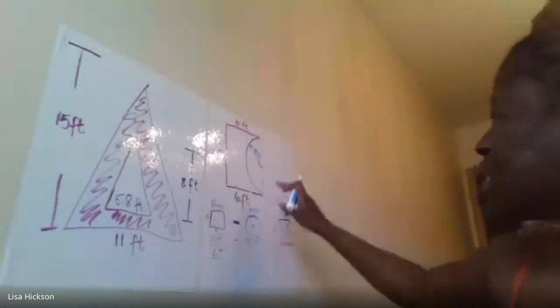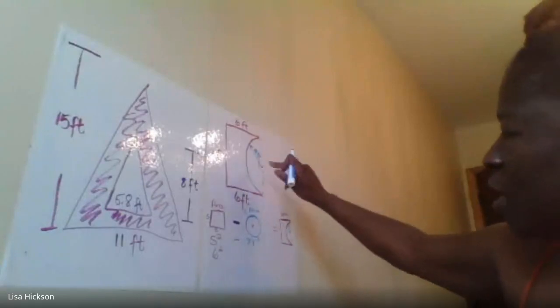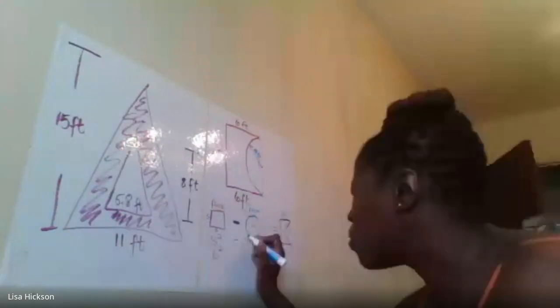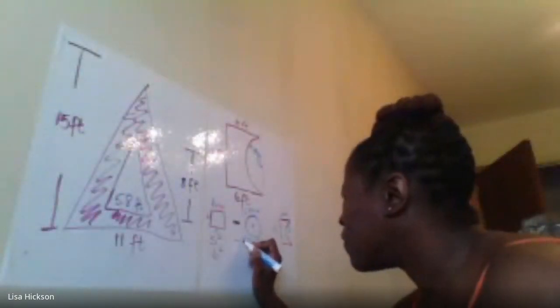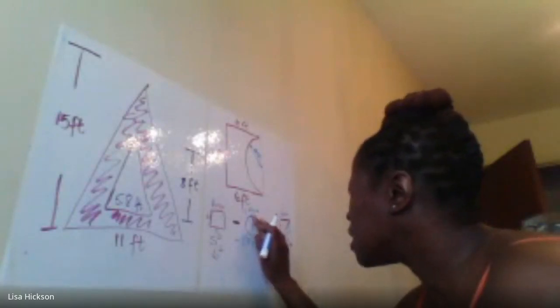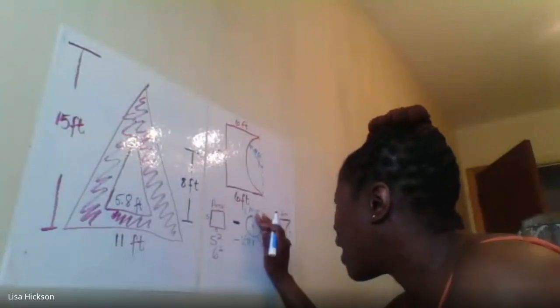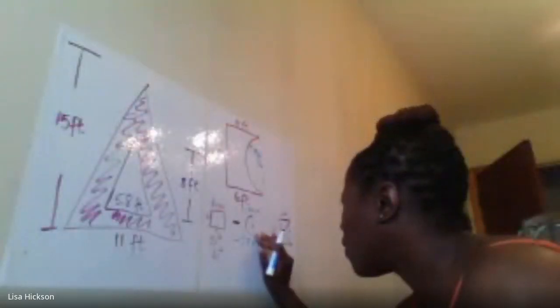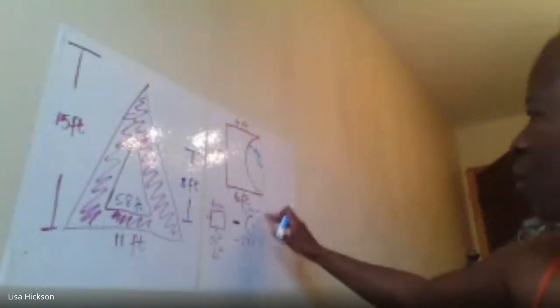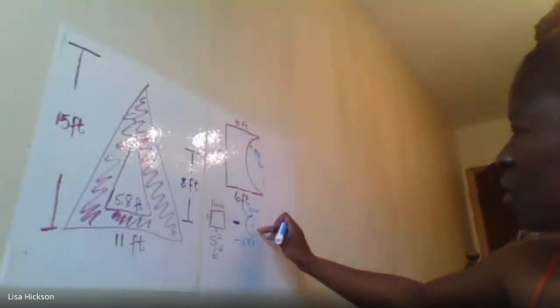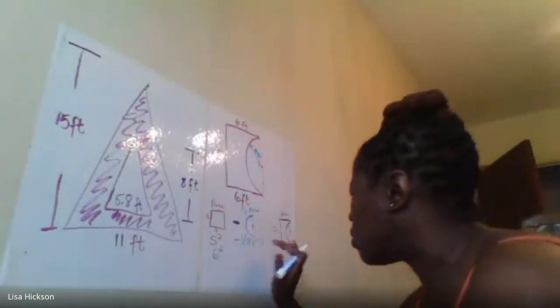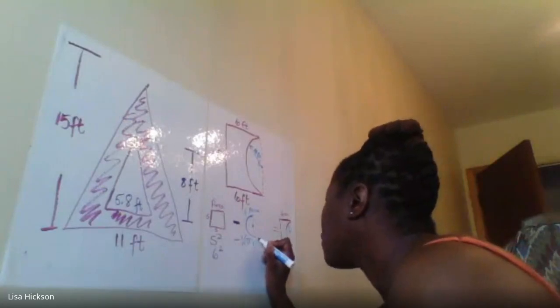But again, since our picture is a semicircle, we're going to take half of it because we only need half of the circle. Okay? We only have half of the circle. So we only need the area for half of a circle.